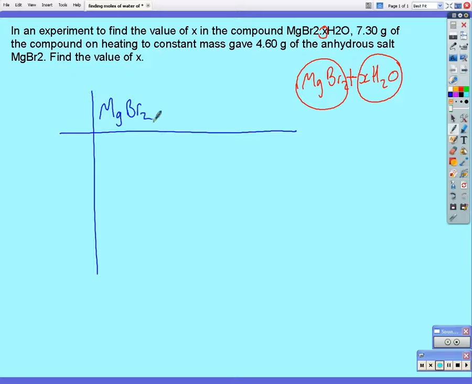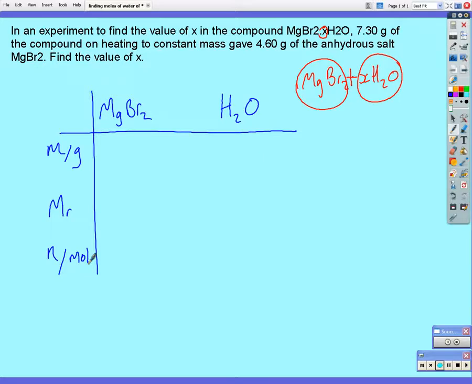And we're trying to find the ratio magnesium bromide to water. So let's set that out like that, and then set the table as we would with empirical formula calculations, the mass in grams followed by the relative molecular mass, and then we're going to find the number of moles.